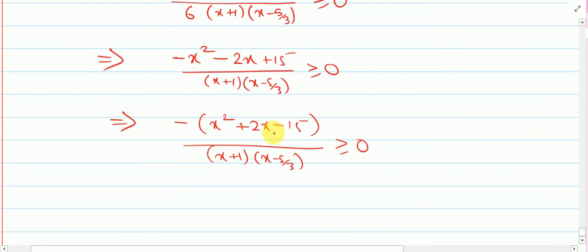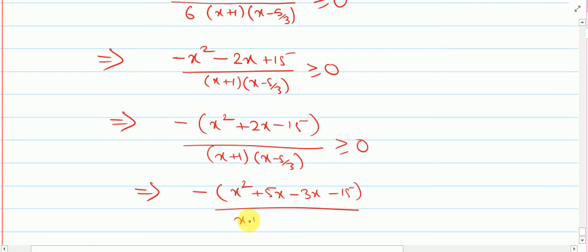So here 1, here minus 15, so we can write like this, plus 5x minus 3x minus 15, over x plus 1 x minus 5 by 3 greater than equal to 0.